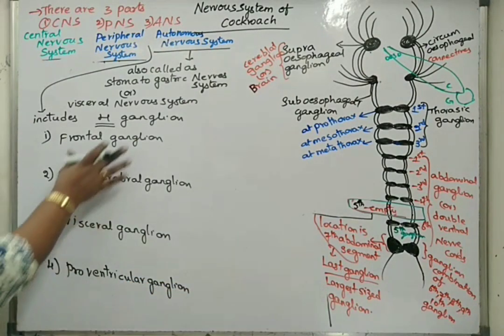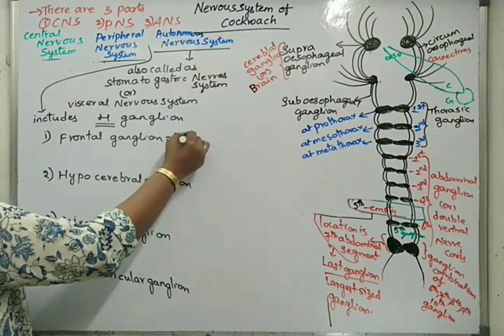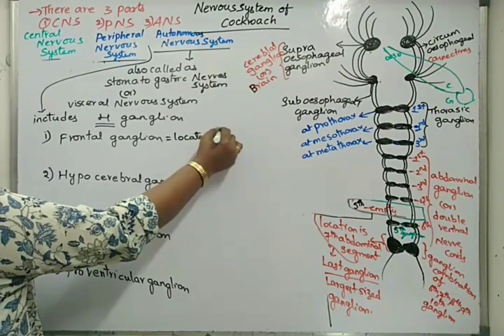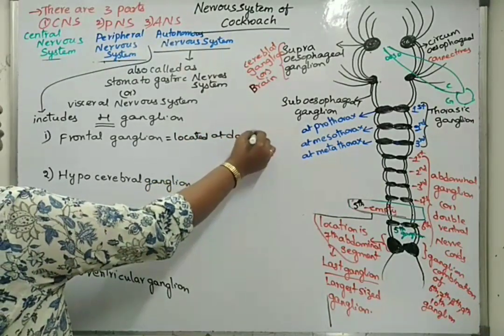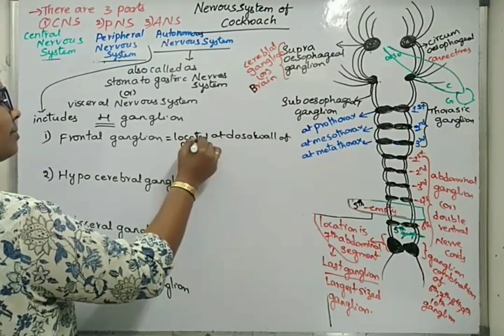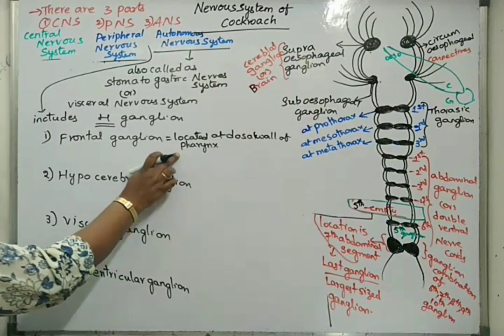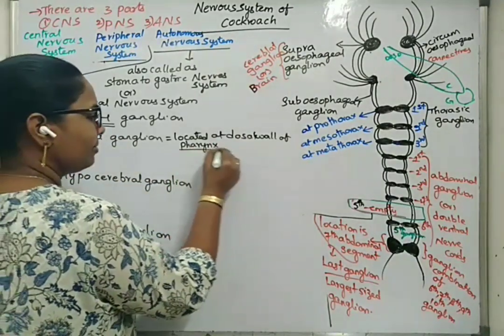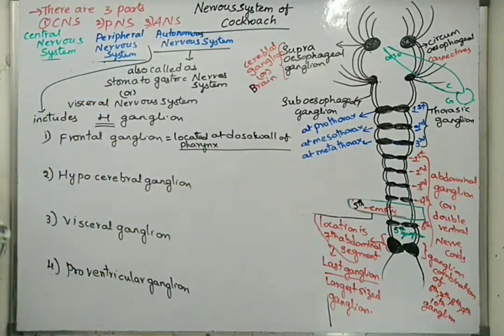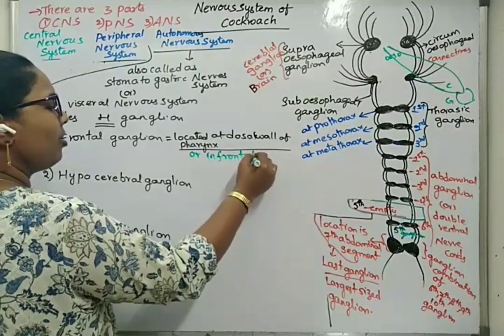Now, what is the location of all these ganglia? The frontal ganglion is located at the dorsal wall of the pharynx. We can also say this area is in front of the brain.